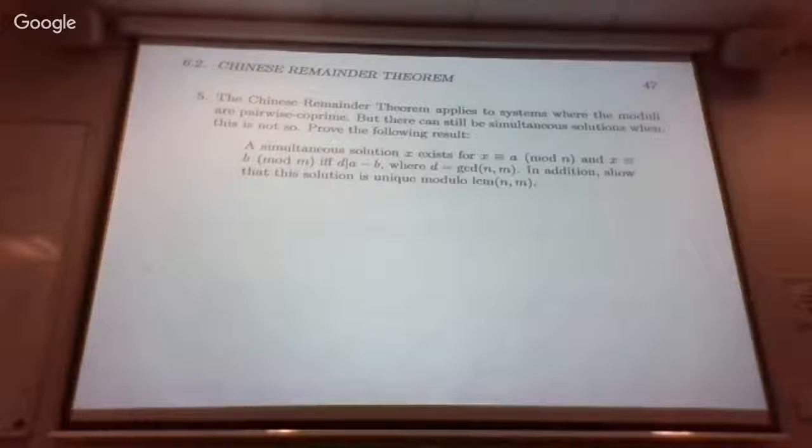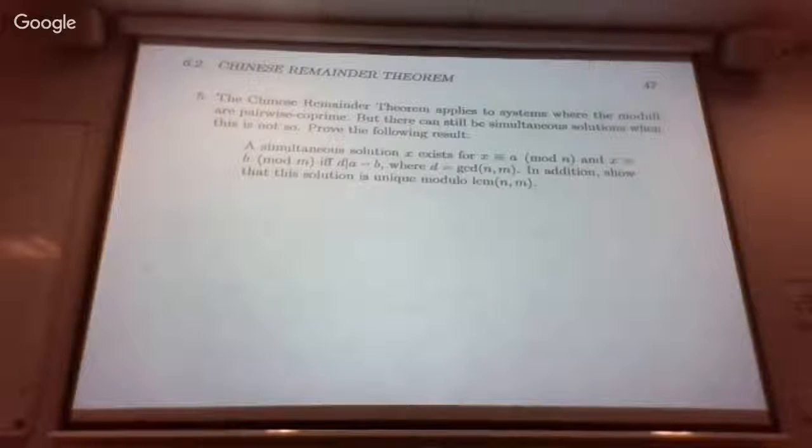Because the d will be 1 if n and m are co-prime. So solutions, if we believe this blue statement, will always exist when the GCD of n and m is 1, and they'll be unique modulo the least common multiple. Well, when they are co-prime, the least common multiple of n and m is just their product, n multiplied by m. And that's exactly what the Chinese remainder theorem says. So the solution is unique modulo the product of the two.